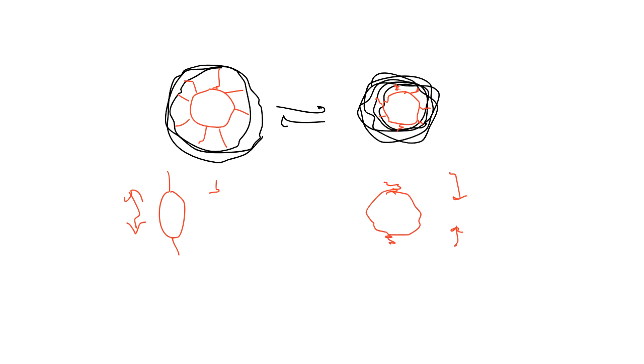So again, when you contract the muscle, the lens is going to get fatter. If you relax the muscle, the lens is going to get thinner. So to see close up, we contract the muscle.